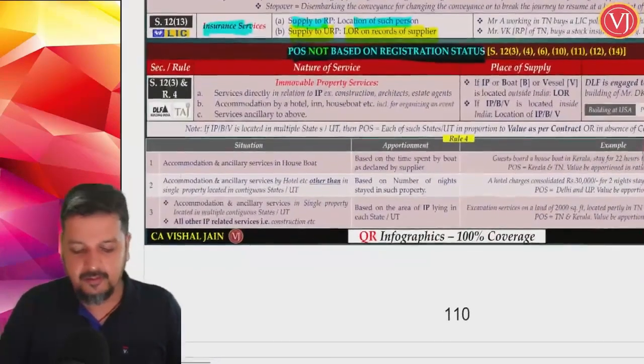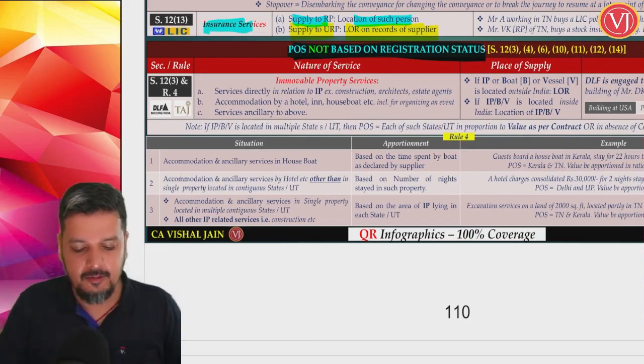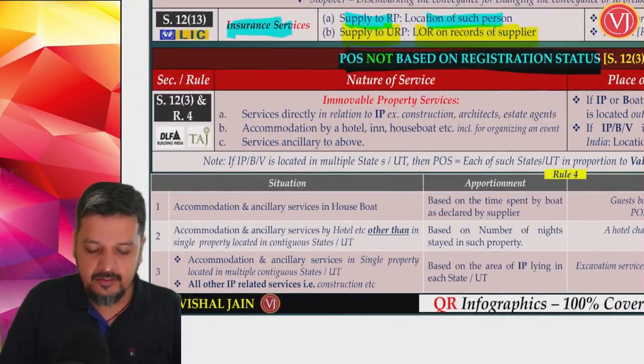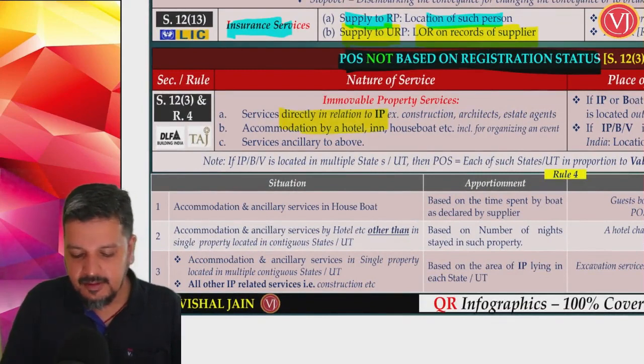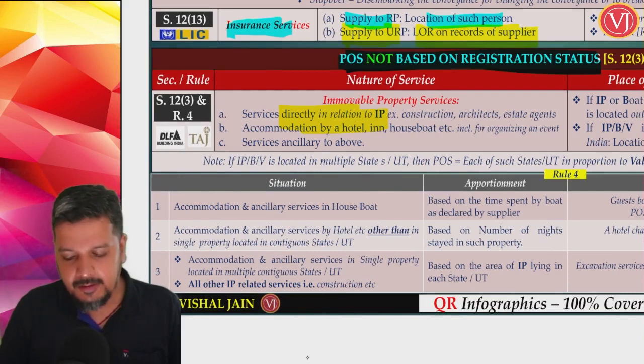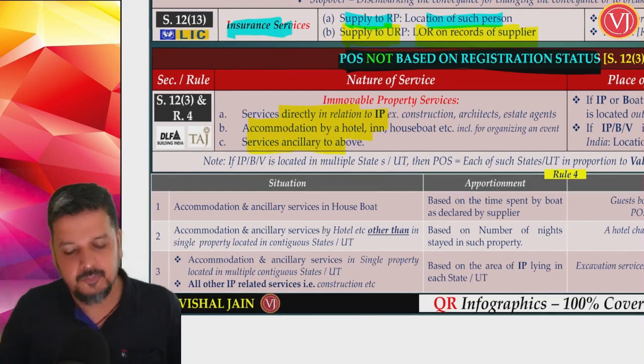Now, other points. Immovable property related services. Services which are directly in relation to immovable property, including accommodation services and services ancillary to the above.